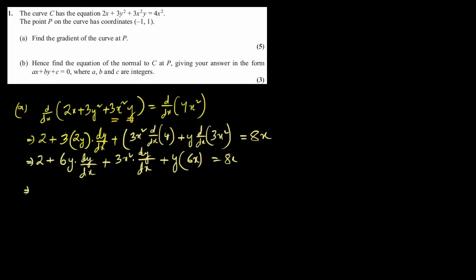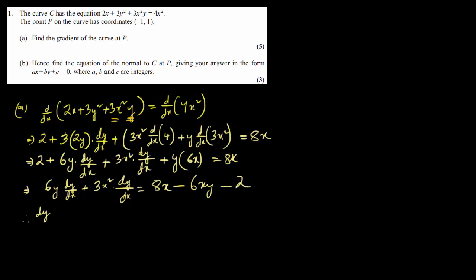Let's keep all the dy by dx on one side and send everything to the other side. So this would be 6y dy by dx plus 3x squared dy by dx equals 8x minus 6xy minus 2.